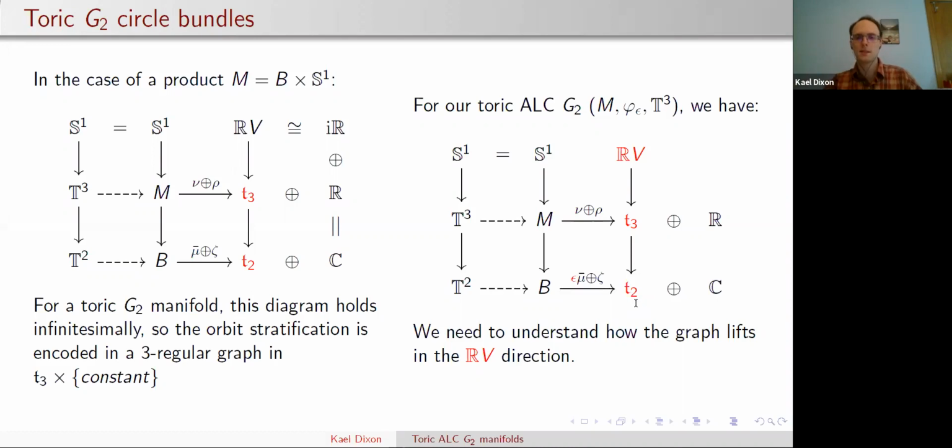And this is essentially because the symplectic form is the same. It doesn't depend on epsilon. So in order to understand what the pictures are for our G2 guys, we already know what downstairs looks like. So we just need to understand how these things look.